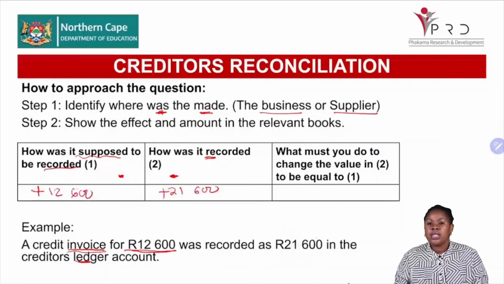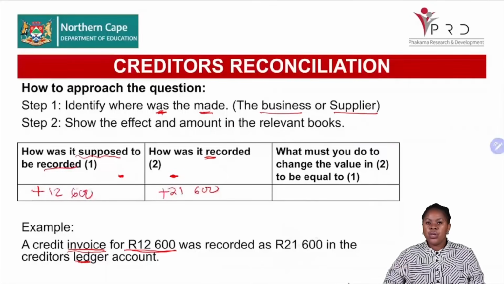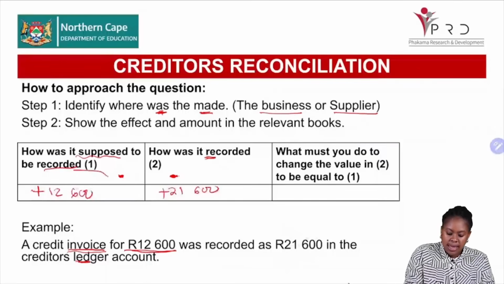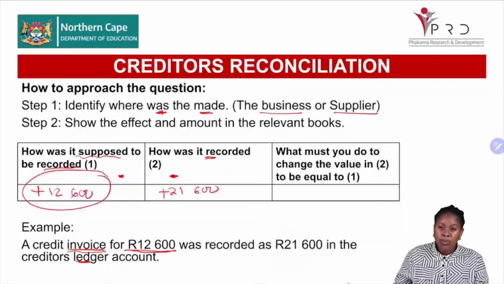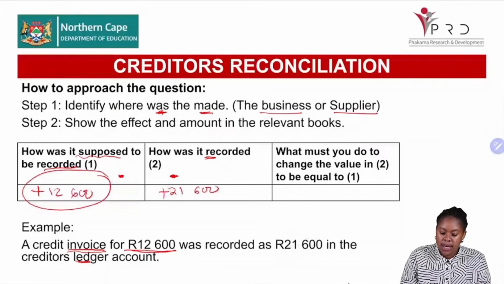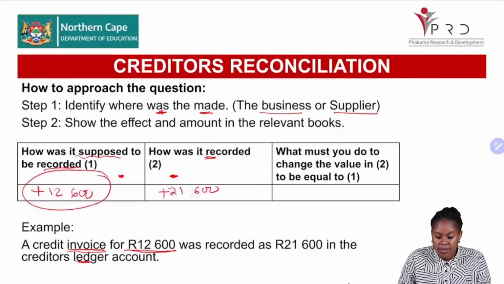Right. Now, the next question is, what do you need to do to get to the amount in column 1? So, you will then find the difference. You will say 21,600, and then subtract 12,600.